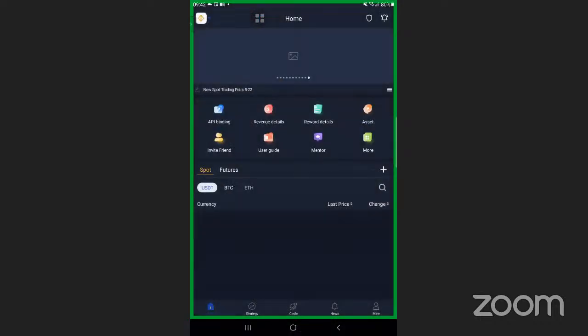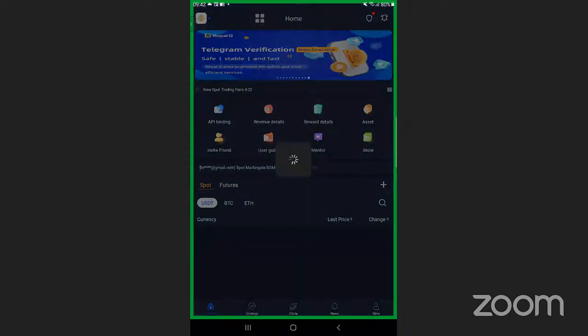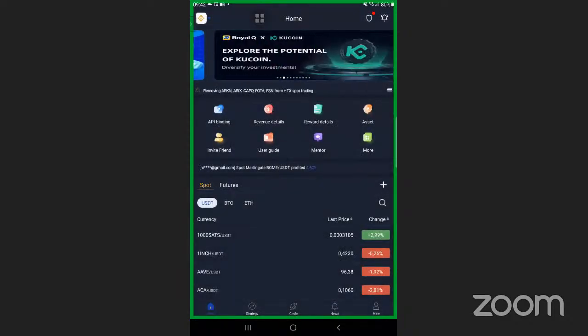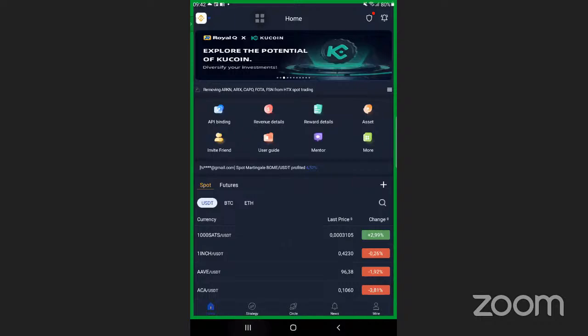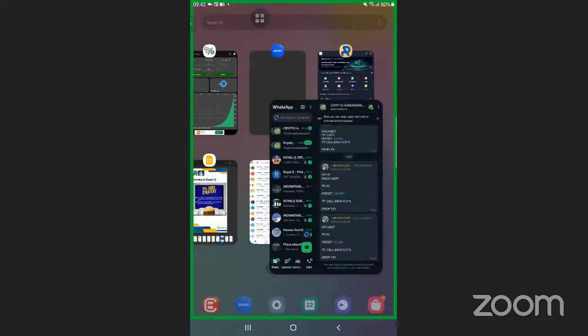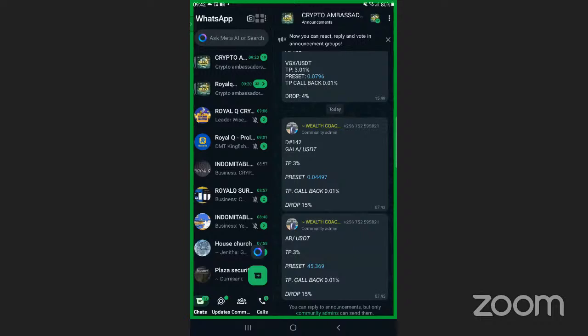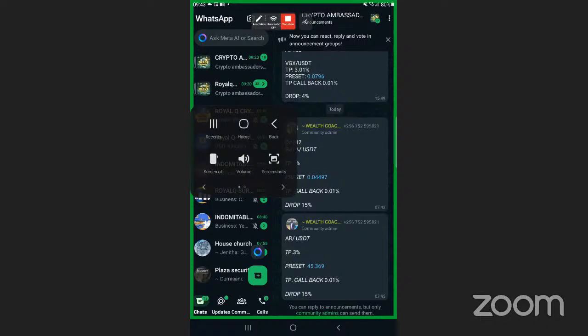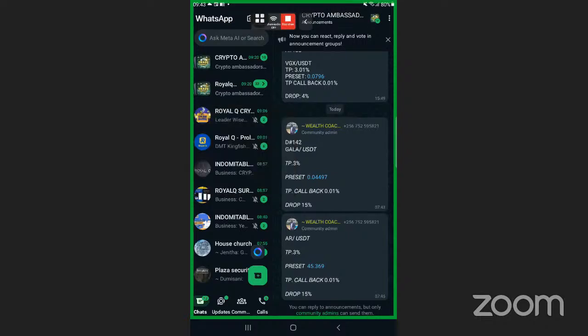So what is the name of the signal? If you are following, what is the name of the signal that we are going to set? Give me an answer in the chat.